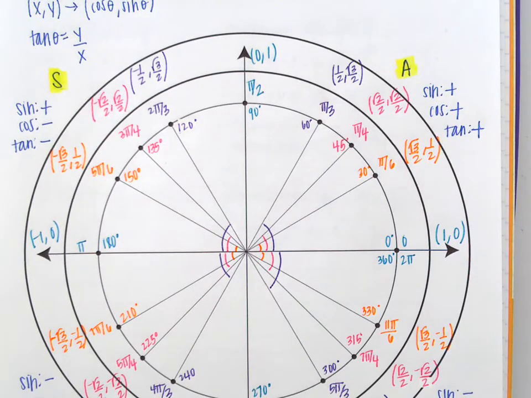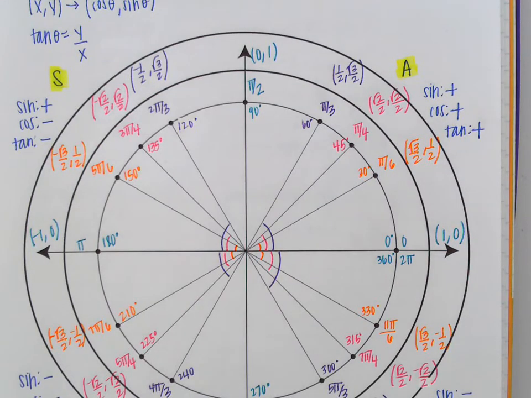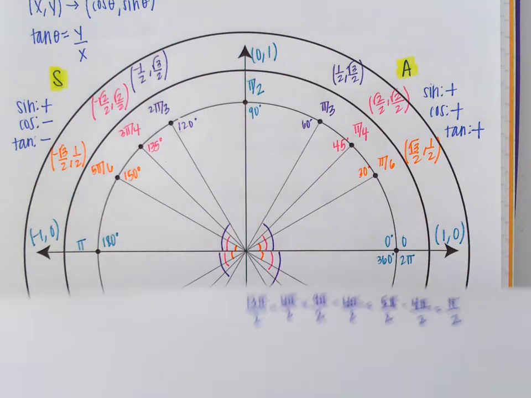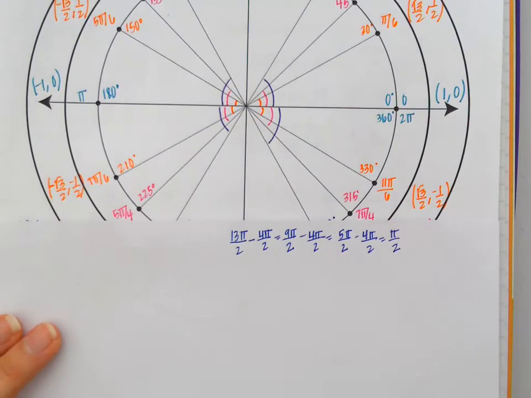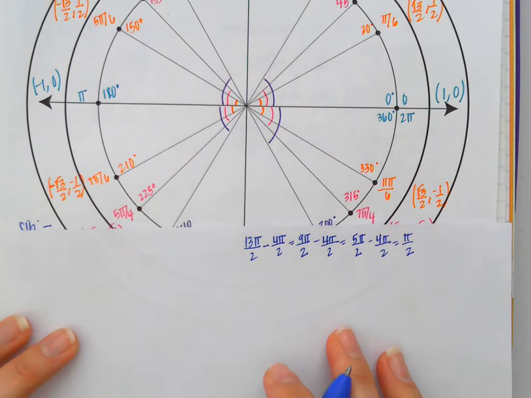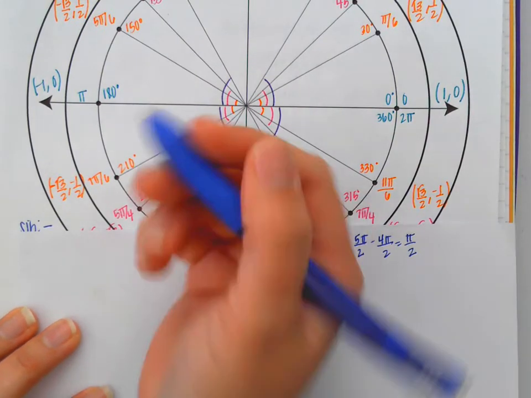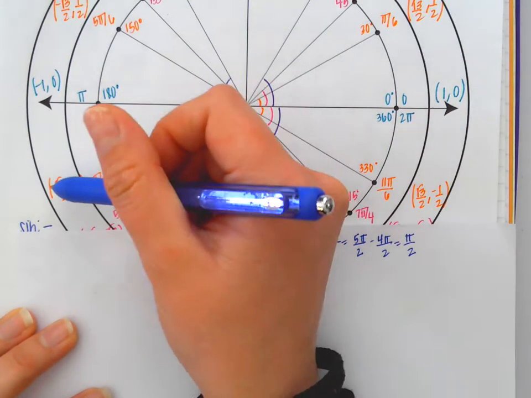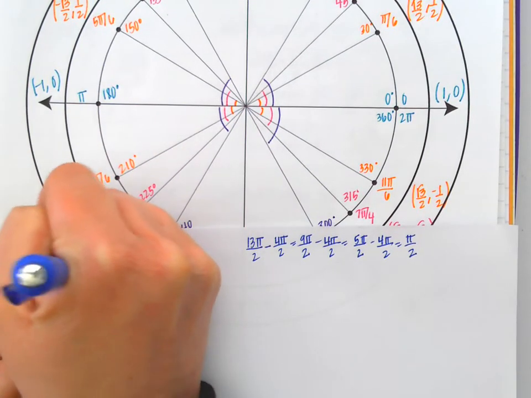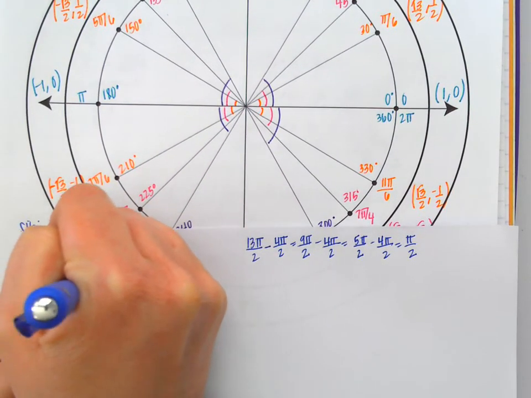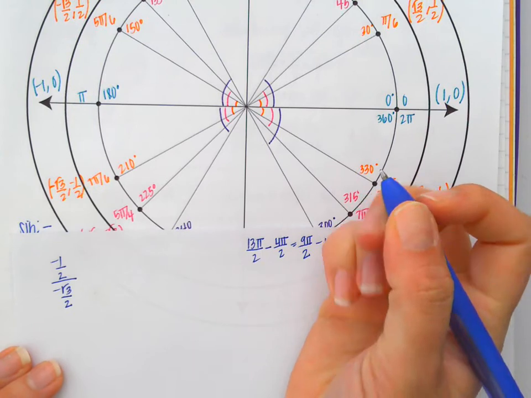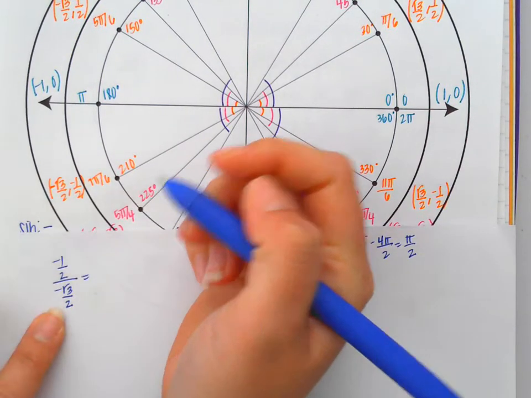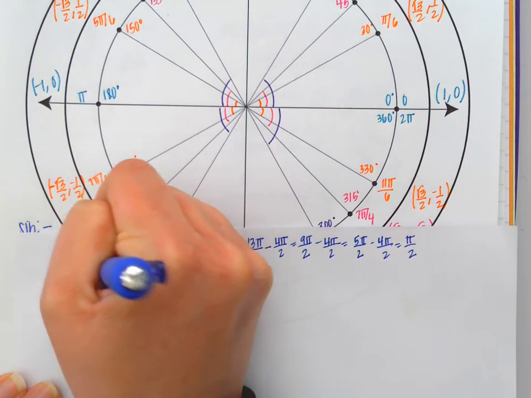Now this one sometimes can be a little bit more challenging to see, and I'm going to show you two ways of thinking about it. So one way, I'm just going to use the same scratch paper that I had before. It's going to be y over x, so negative 1/2 over negative rad 3 over 2. When you have a fraction over a fraction, I always like you guys to split it up.